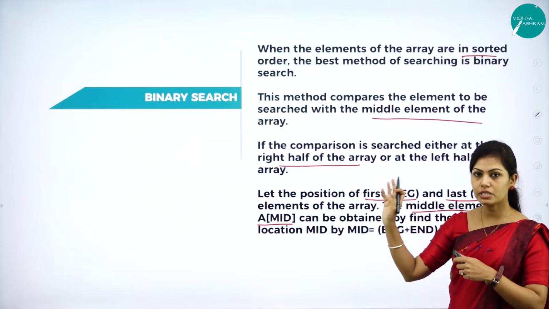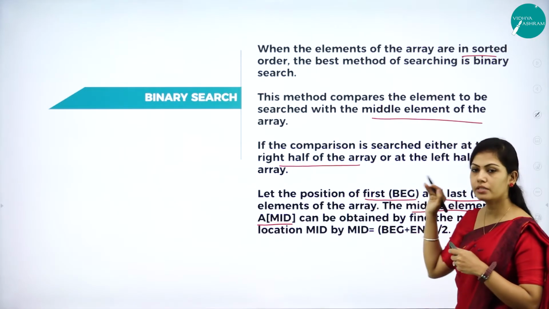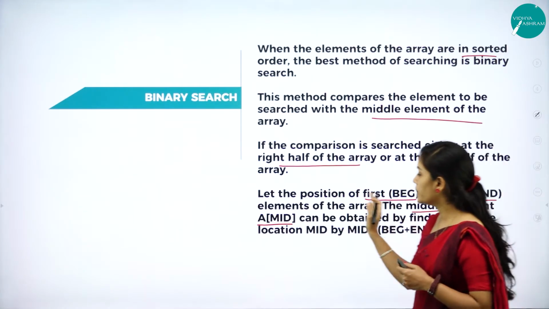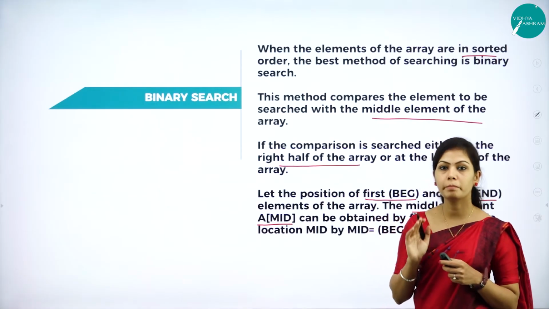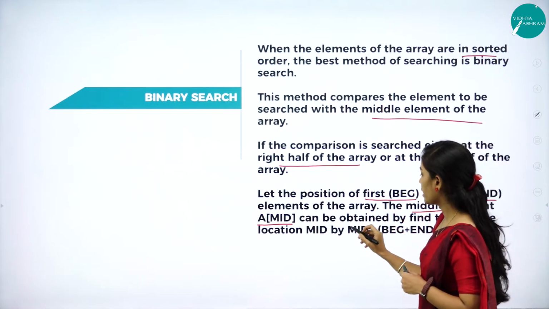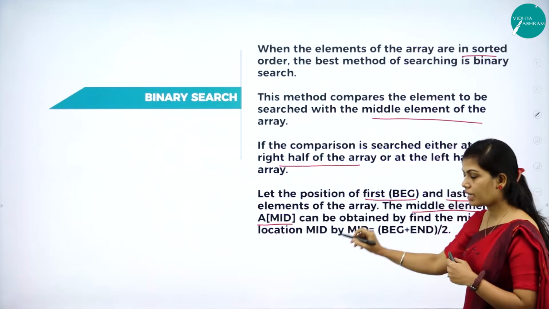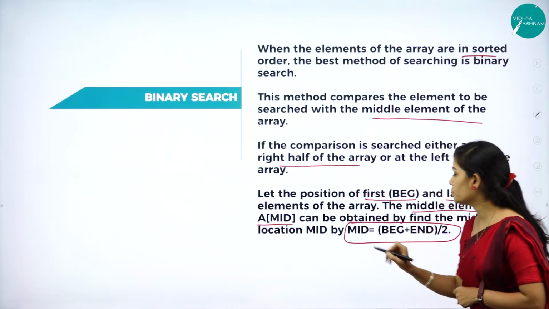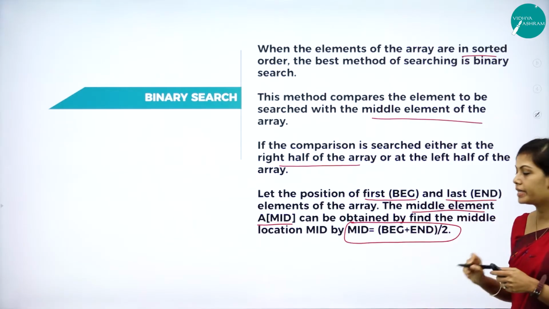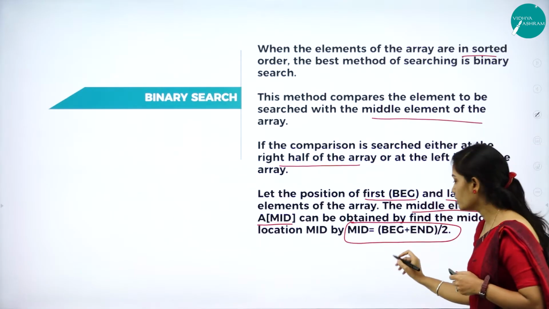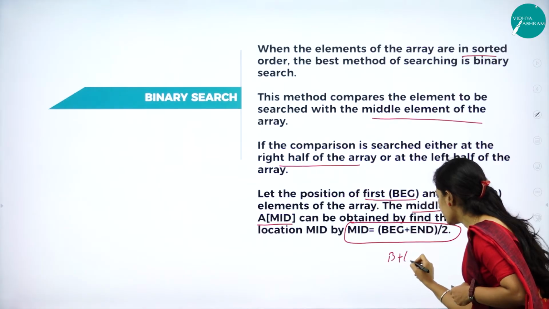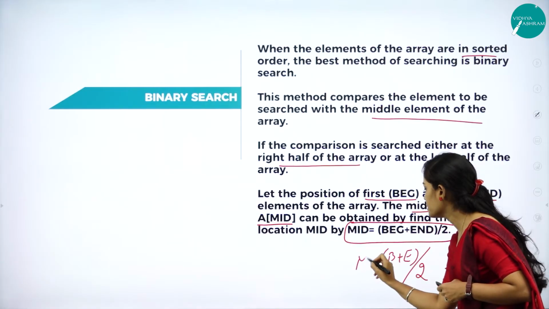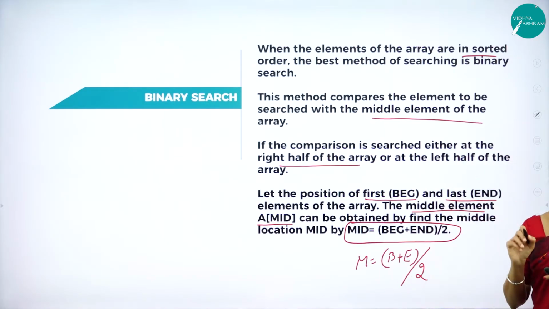The middle location mid is obtained by the formula: mid is equal to beginning plus end divided by 2. So, mid is equal to B plus E divided by 2.